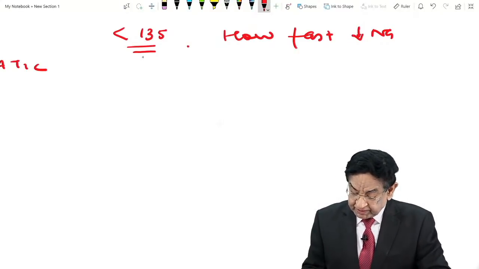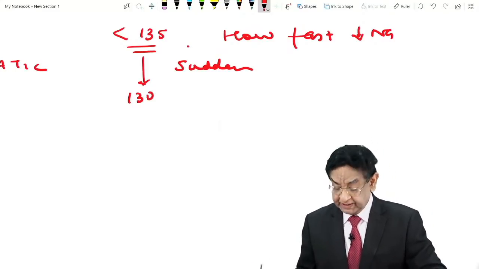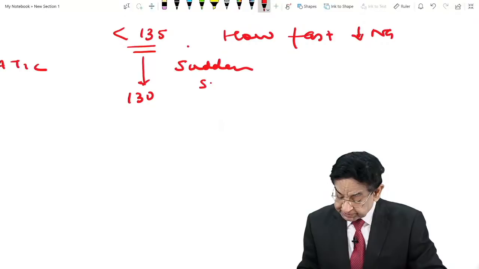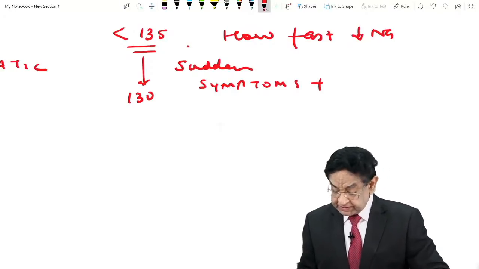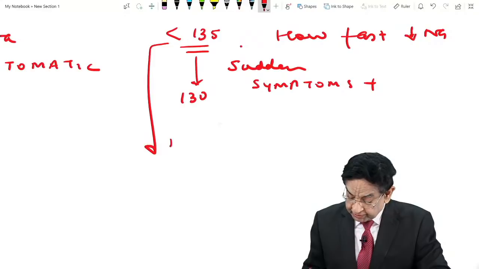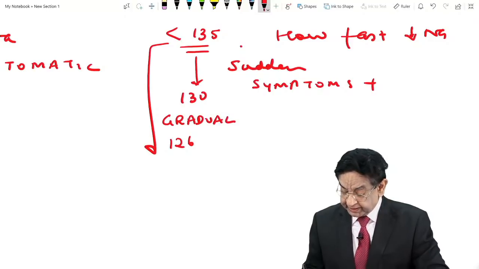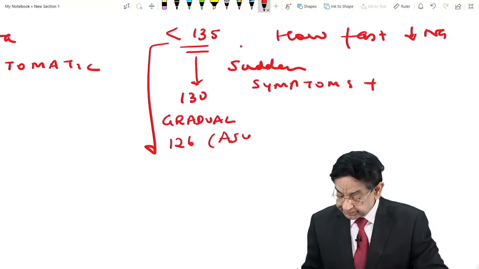Suppose there is one patient whose sodium has suddenly gone to 130 from 135. It will produce symptoms. This is sudden. But there is another patient whose sodium has gone to 126, but gradually. He may be asymptomatic.